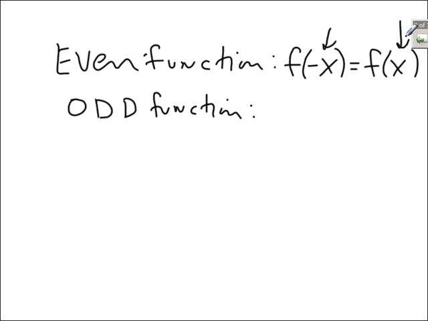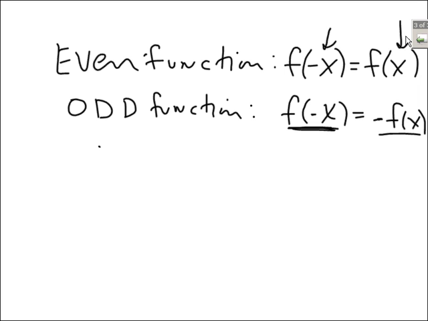An odd function is if you take a function and you plug in negative x. Well, you get back the same answer, but with a minus sign in front. In other words, if f of negative 5 was 15, then f of 5 will be negative 15. They differ by a sign.